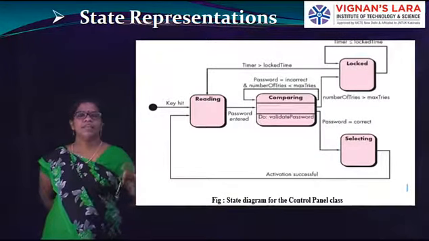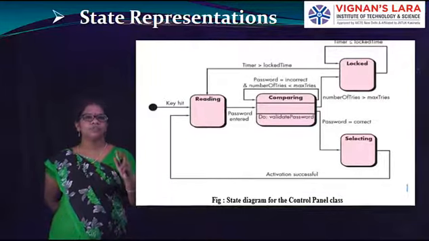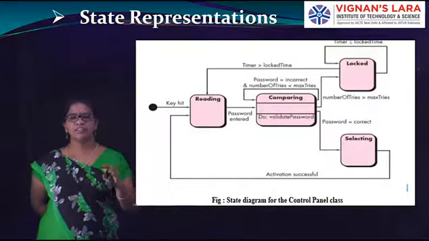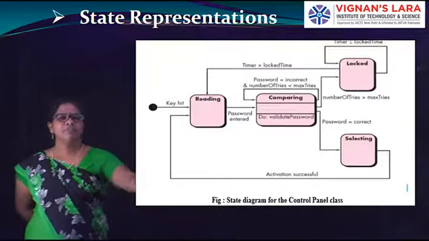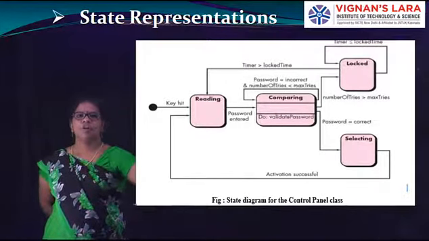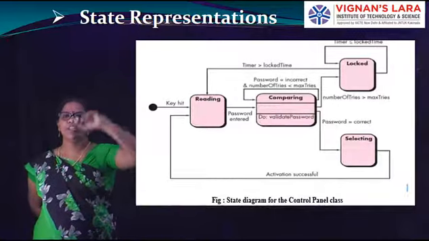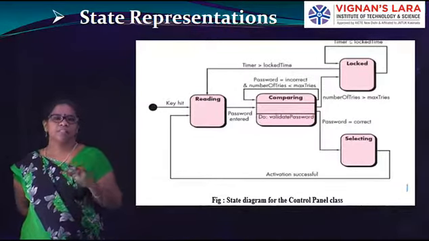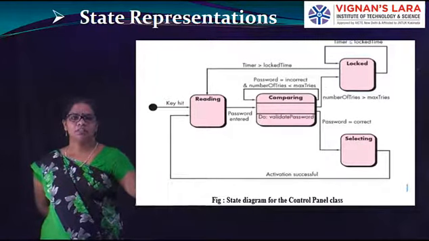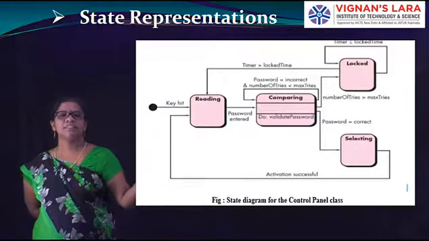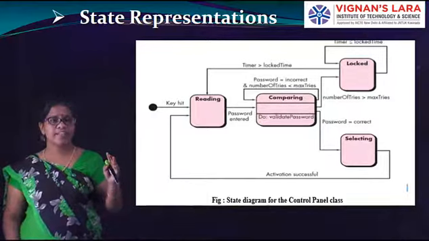In the comparing state, it will give two or three chances to enter the password correctly. If you enter the password correctly, it will go for the selecting state, or else it will go for the locked state. So when an event occurs externally, it changes the state from one active state to another active state.